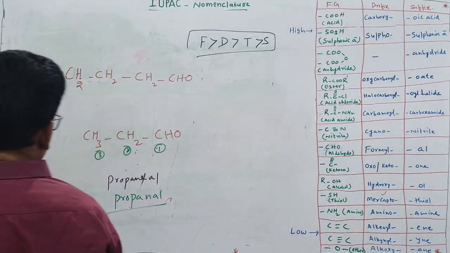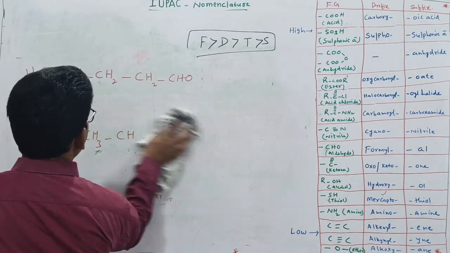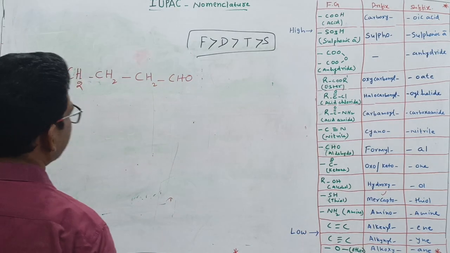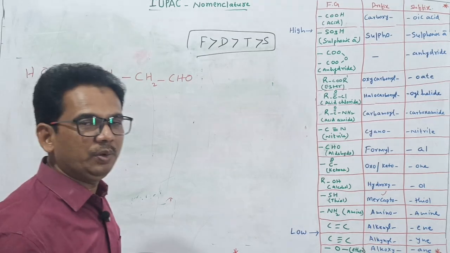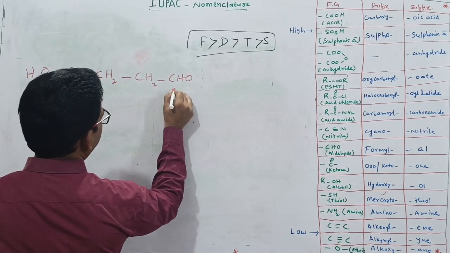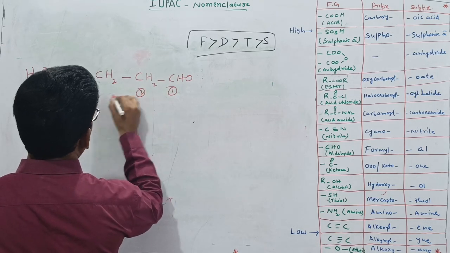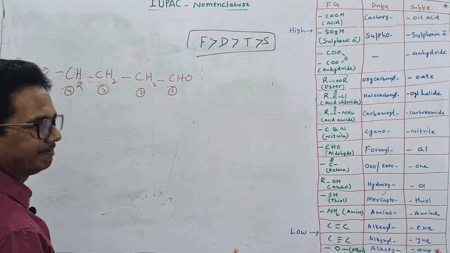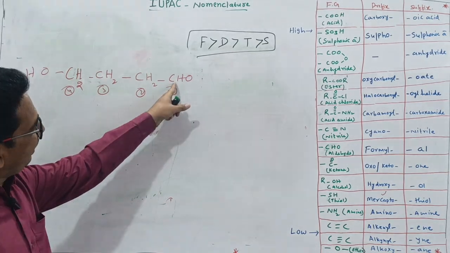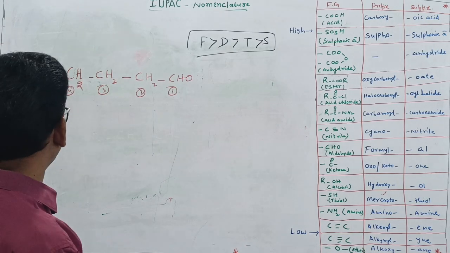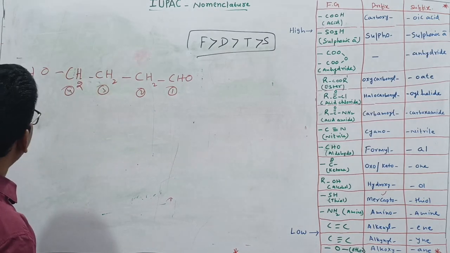Then how will you give the name for this one? Numbering first. किसको वैल्यू देना है? MLA को, MP को? जल्दी बोलो. MP. 1, 2, 3, 4. Aldehyde also has the carbon. That's why we have to count that carbon also. Now what will the name be?